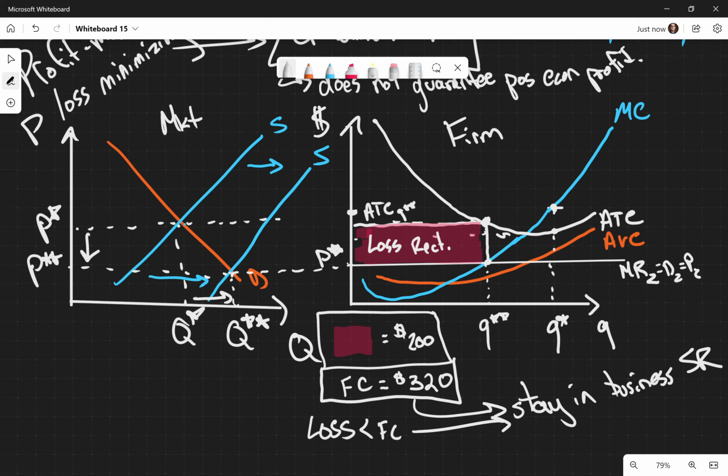Now, what happens when the price drops even lower? Right now, I'll clue you in that the shutdown point, and we'll do an example real quick, is right here. Let's label this: the shutdown point.